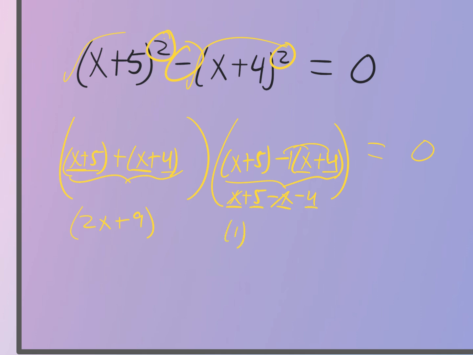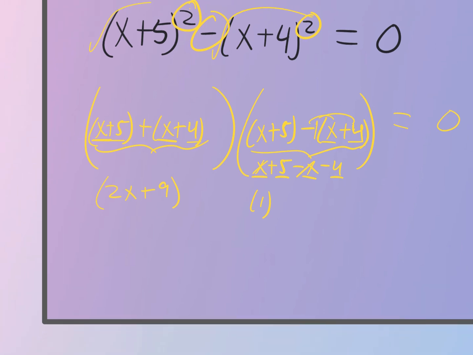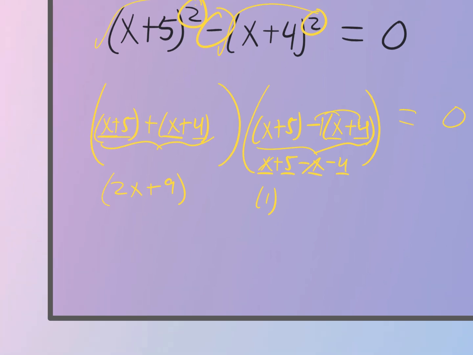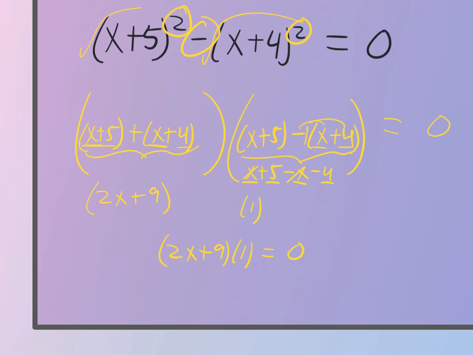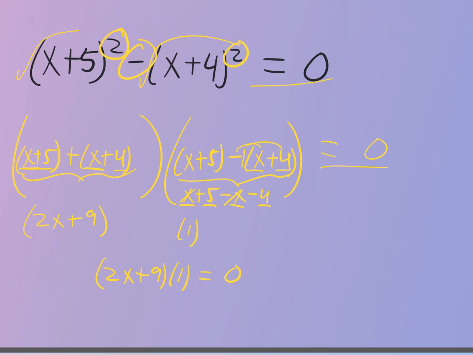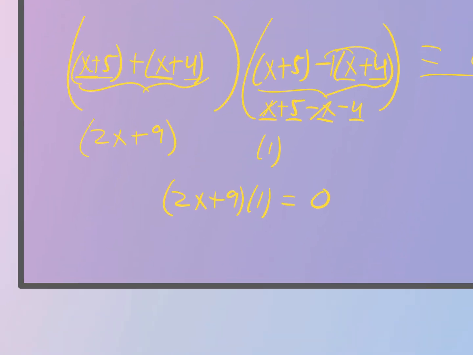Let me shrink it down a bit. We get 2x plus 9 times 1 equals 0. Remember, we set it equal to 0. And now anything times 1 is itself. You agree? So we get 2x plus 9 equals 0.